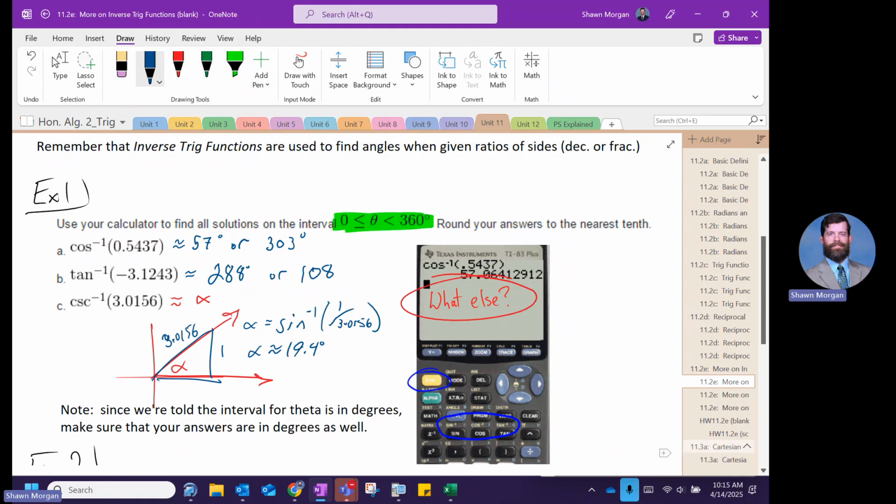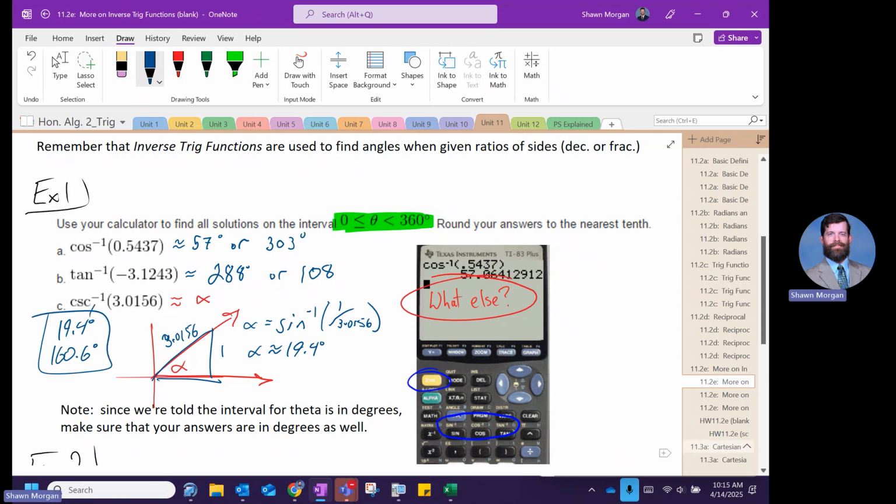So we've got our angle right here, and now we want to figure out the angle over there. If my reference angle is 19.4, what would the other value be? 180 minus 19.4, which would be 160.6.